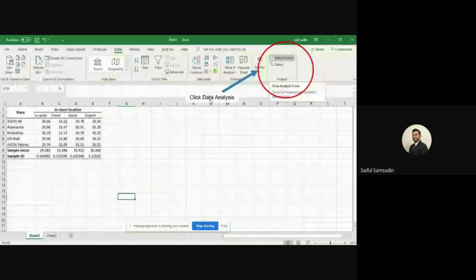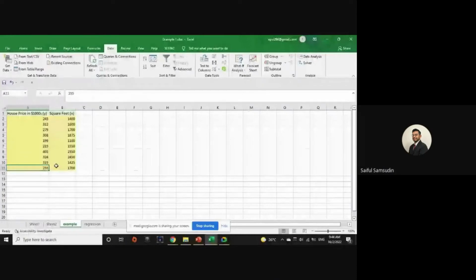So when we see our data here, if we don't have the value of house price, we can use the formula to fill in what we call the missing data by just using the square feet data.